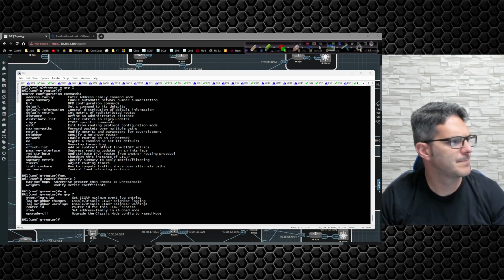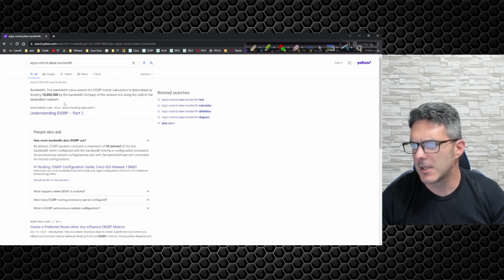This is it. I was curious on that. So the EIGRP bandwidth value, okay, that's not what I'm talking about. I'm talking about, EIGRP packets consume a maximum of 50% of the link bandwidth when configured with the bandwidth interface configuration command. For autonomous system configurations, the bandwidth percent command for named configurations.